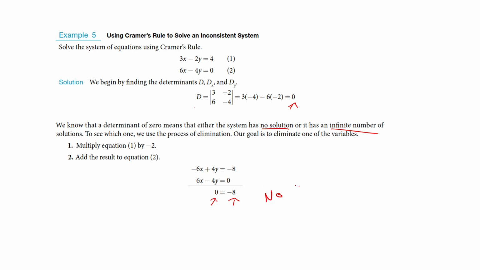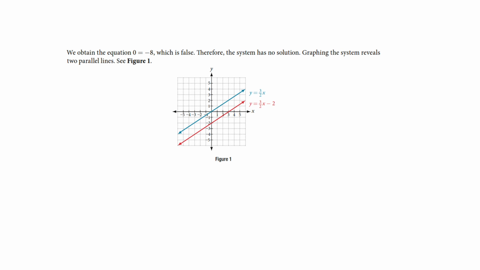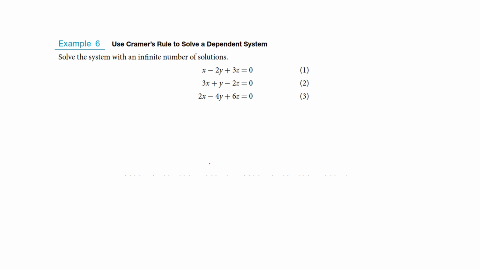So this was no solution. So if you get a determinant that equals 0, you've got to stop. You know it's one of the two odd, unusual solutions, but you can't tell which. You'd have to go back to substitution or elimination. So if you graph these, they turned out to be parallel lines, and that's why there was no solution.